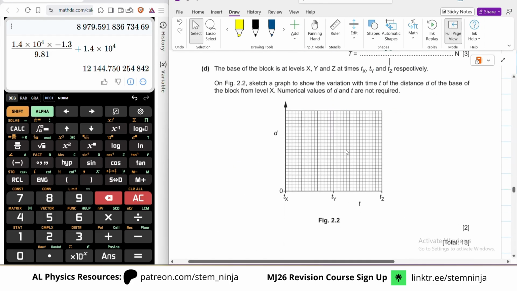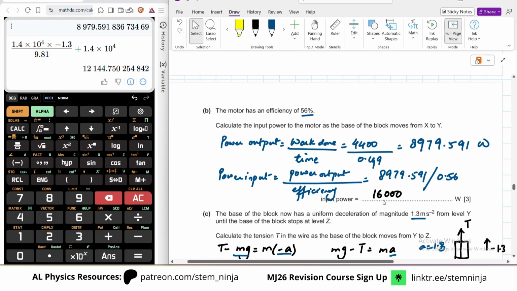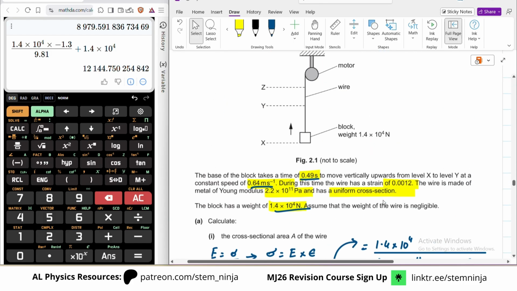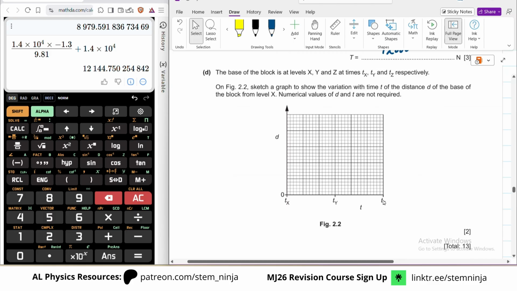The base of the block is at levels x, y, and z at times tx, ty, tz respectively. On figure 2.2, sketch a graph to show the variation with time t of the distance d of the base of the block from level x. Numerical values of d and t are not required. Okay, so from x to y, it is moving with constant speed, so uniform velocity. But from y to z, it is moving with deceleration.